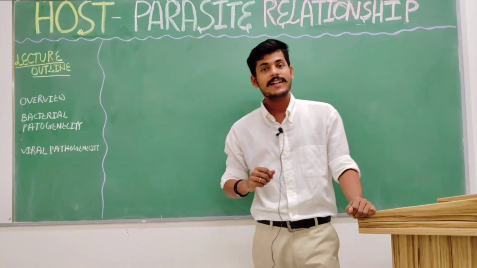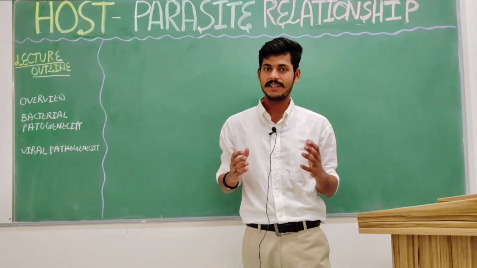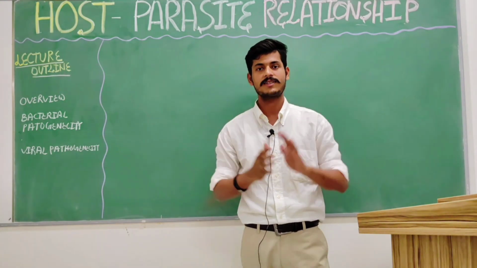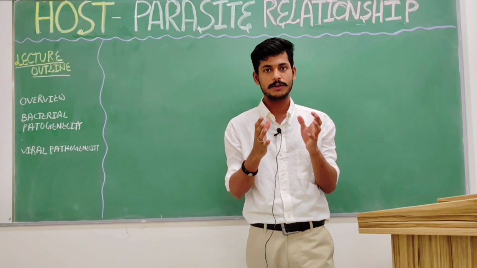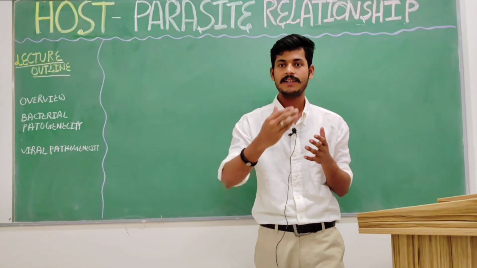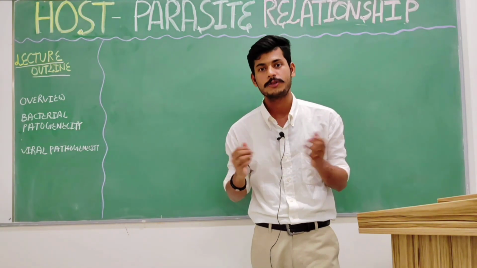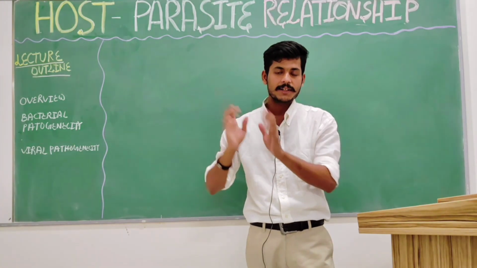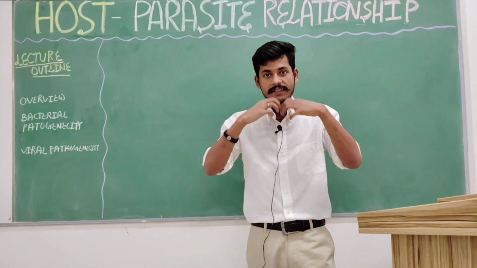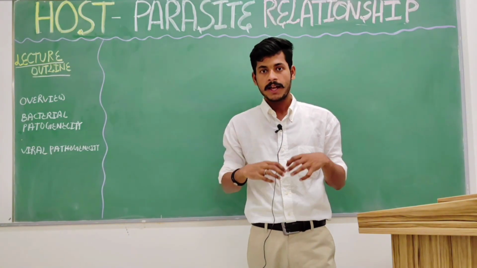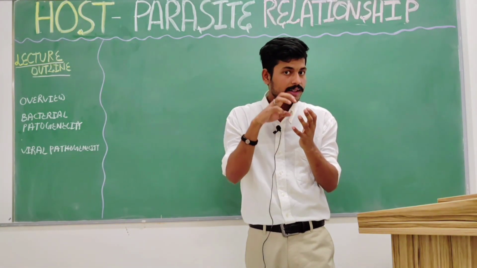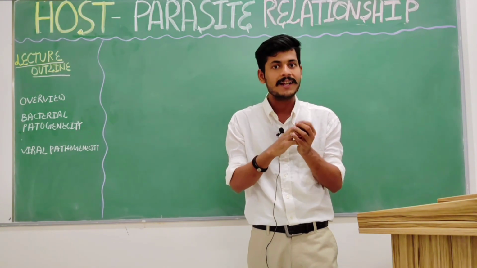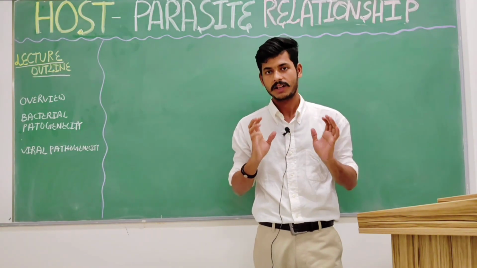Now in today's lecture, the organisms are decided by certain characteristics by which we can say that this type of organism is a pathogen for us. Now, how does this category of pathogens enter the body, establish a kind of relationship with us and harm us? Are you getting my points?